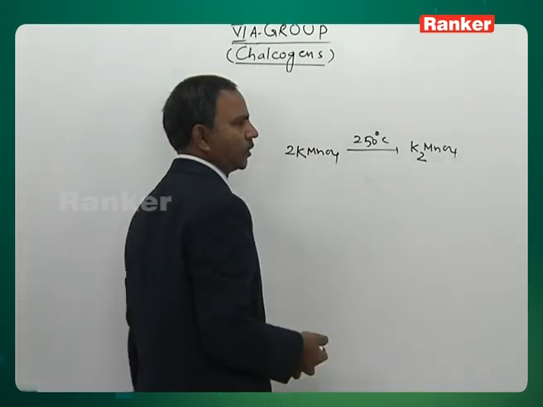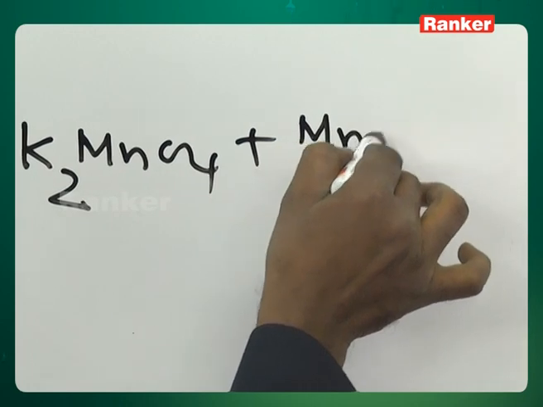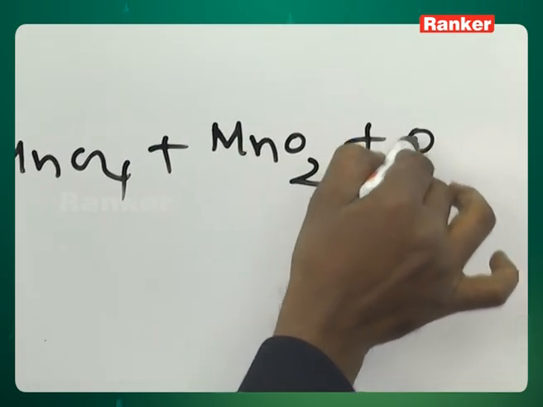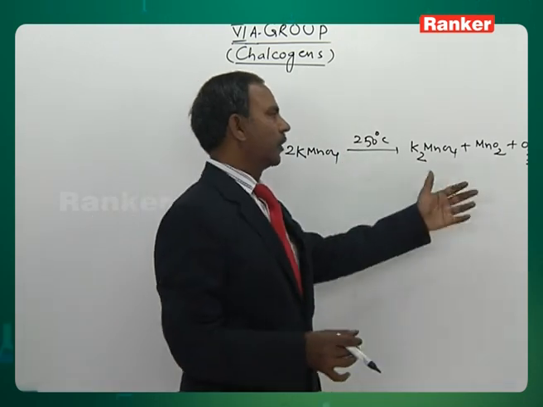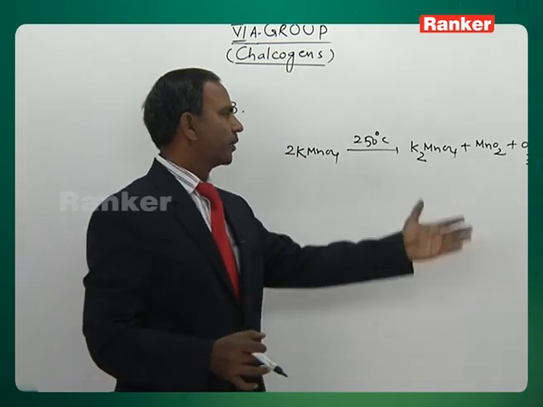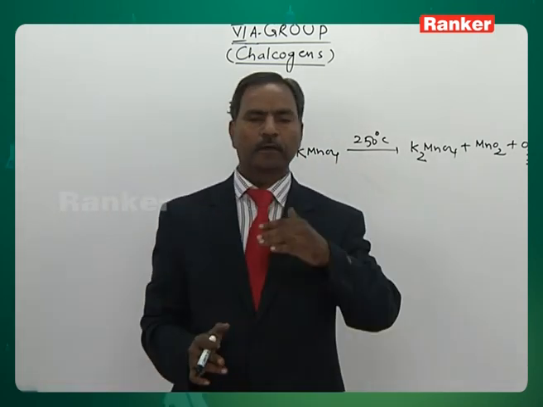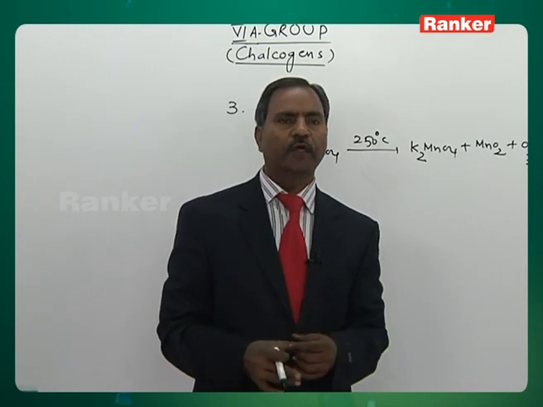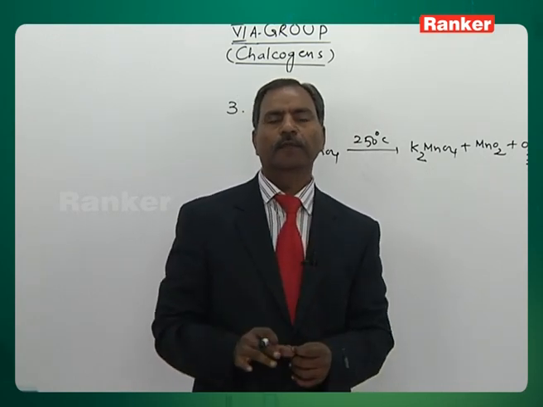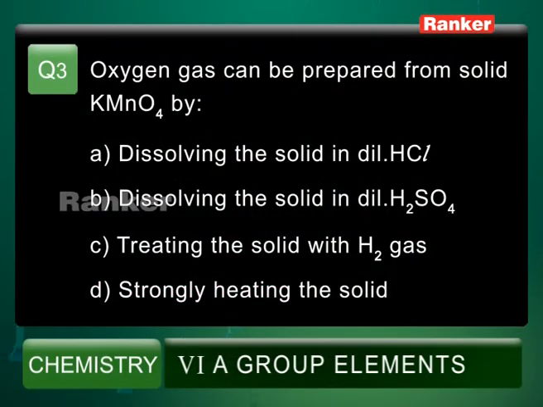Potassium permanganate converts into potassium manganate plus MnO2 and O2. So on strong heating only you are getting oxygen. By dissolving in HCl or treating with sulfuric acid, you are not producing any oxygen. Therefore, question number 3, answer is D.